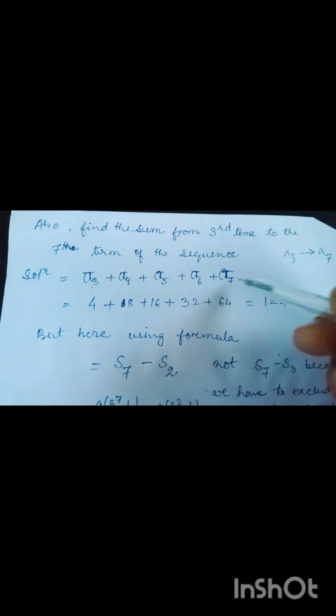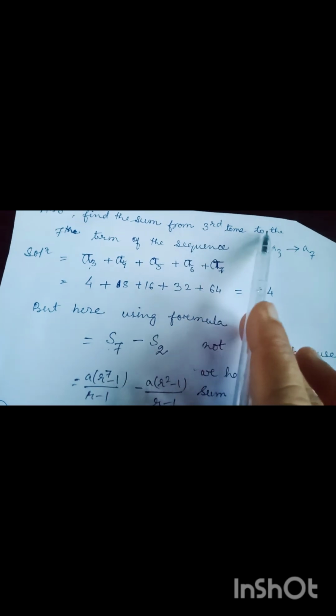The third term is A3, the seventh term is A7. Putting the values of all the terms, we have 124. Or we can use this formula to find the sum from the third term to the seventh term of the sequence.